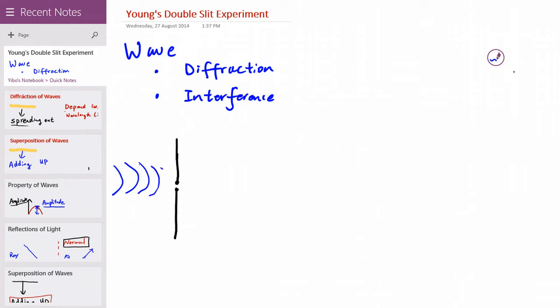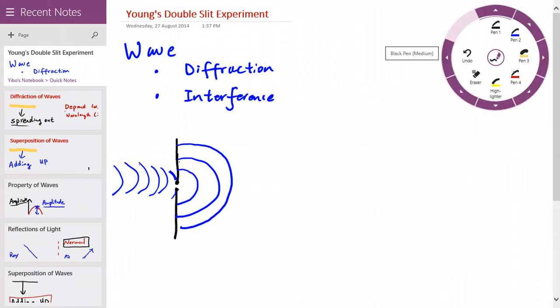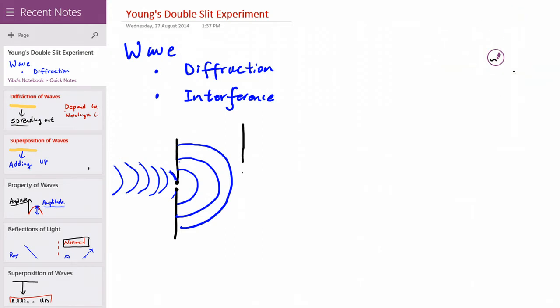Once the light comes through the slit, it diffracts, it sprays out. Then he put another wall behind it, but this time with two slits. That's why we call it the double slit experiment.